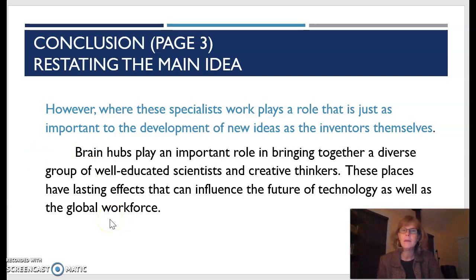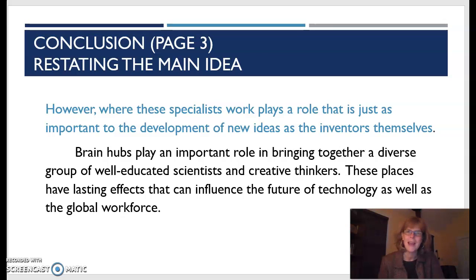Brain hubs play an important role in bringing together a diverse group of well-educated scientists and creative thinkers. These places have lasting effects. So we're talking about brain hubs, places, being really important.